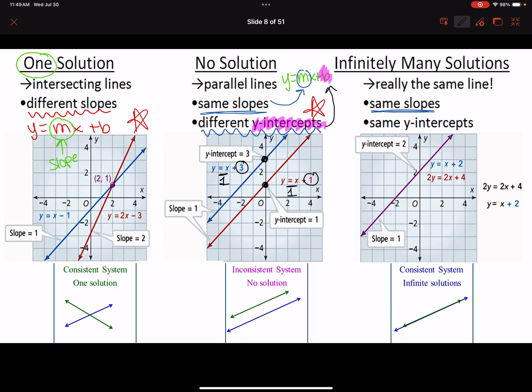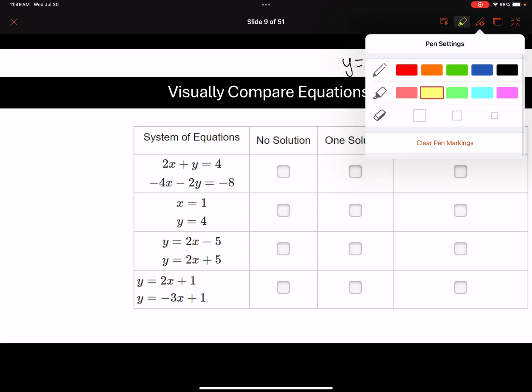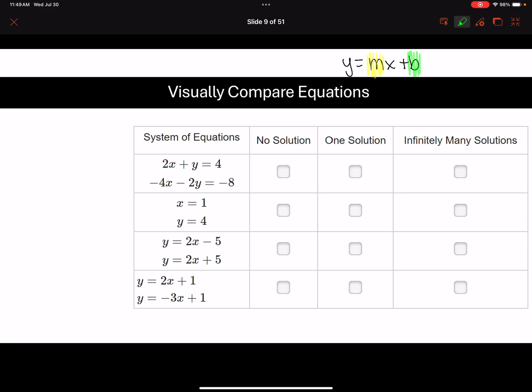They both have a slope of 1. So to test that, we can visually compare equations. So without even graphing them, I can tell you how many solutions they have. So I like to use slope-intercept form to help me because that's the most obvious. Here's my slope at m. Here's my y-intercept at b. Right, this is the y-intercept.